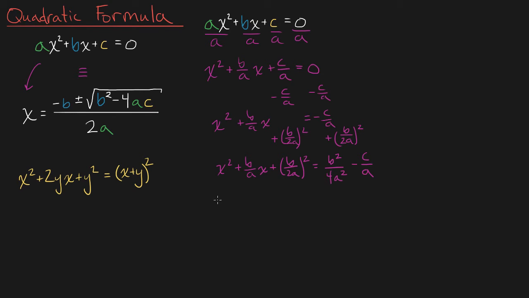So that will be x plus b over 2a, and all of that squared. Again, I can replace this part on the left-hand side in purple with what I have down here in purple because of this relationship here where you have the factor of a perfect square.